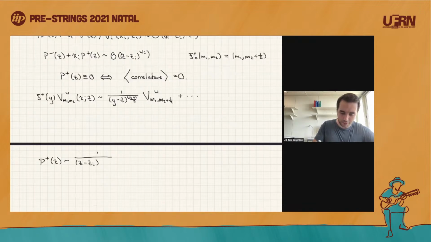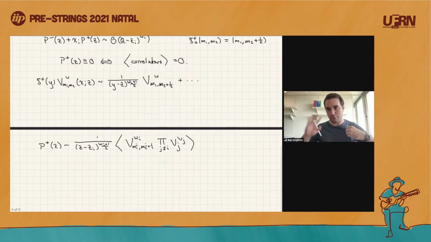So now we're taking the OPE near the ith vertex operator, Wi plus 1/2, and then a correlation function with, say, VWI, M1I, M2I plus 1/2, and then the rest. Wherever they are. And I'm omitting the W fields.